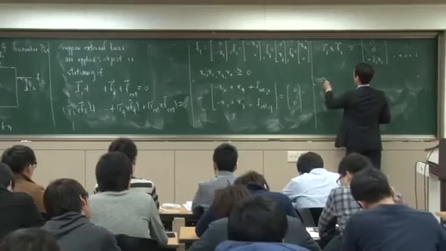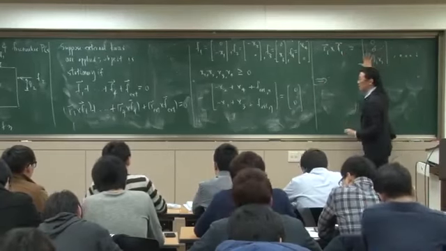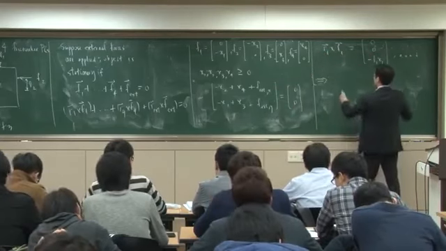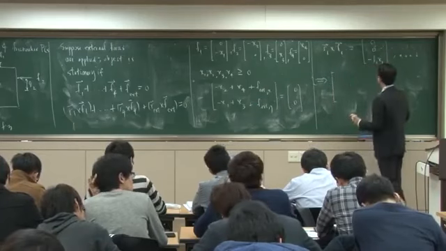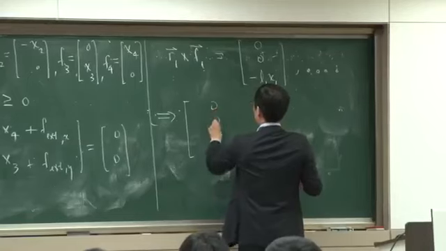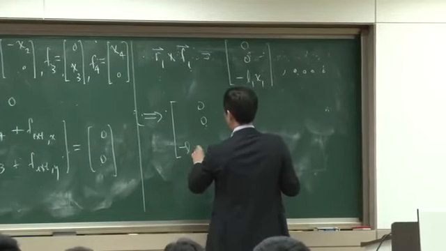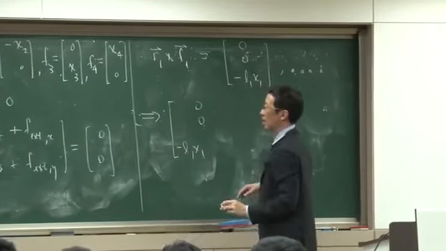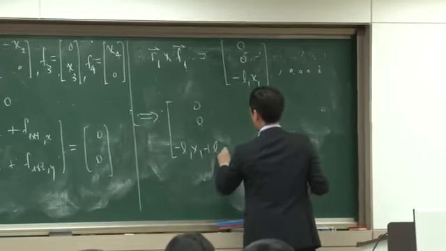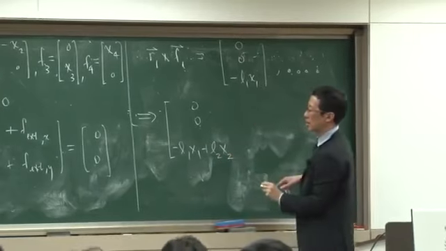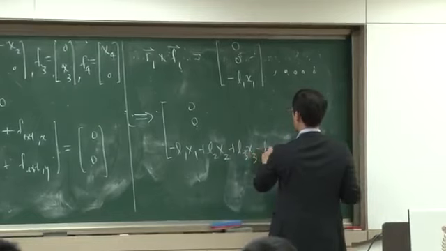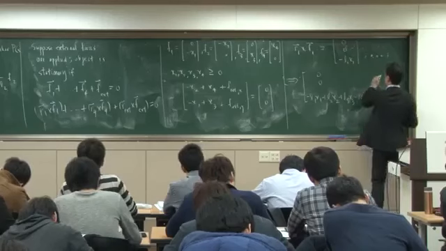If we calculate each of these terms independently and add them all up, what we'll get is 0, 0, minus L1 x1 plus L2 x2 plus L3 x3 minus L4 x4.